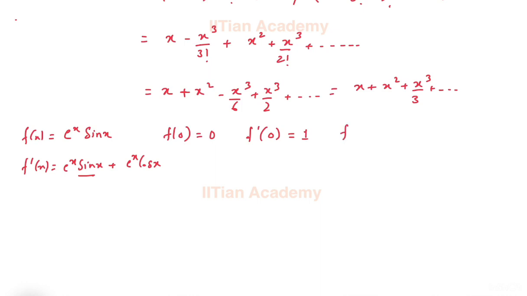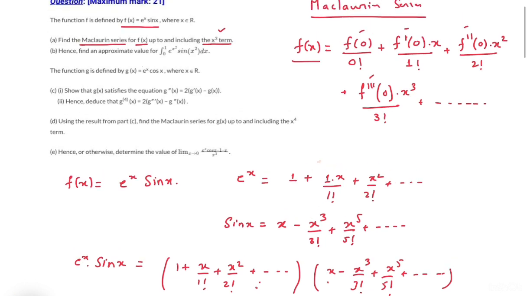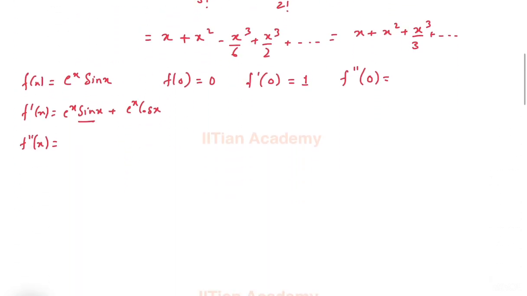Now let us try to find the second f double dash 0. To find f double dash 0, we will have to differentiate f dash again. So what we get is, f dash x, first we differentiate, so we get e raised to the power x sin x plus e raised to the power x cos x, and then differentiating this, e raised to the power x cos x minus e raised to the power x sin x.